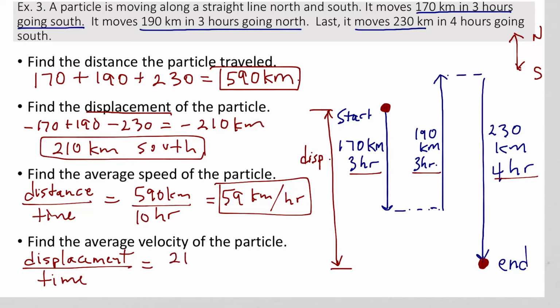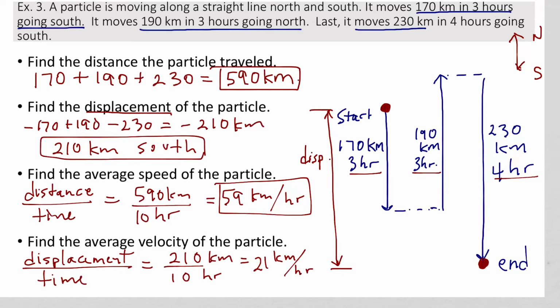And we know it was south. It's got that negative on it. It took the same amount of time to displace that much. So that ends up being 21. Let's put our units on here. That's 210 kilometers over 10 hours. Oops, just hours. Which is 21 kilometers per hour.